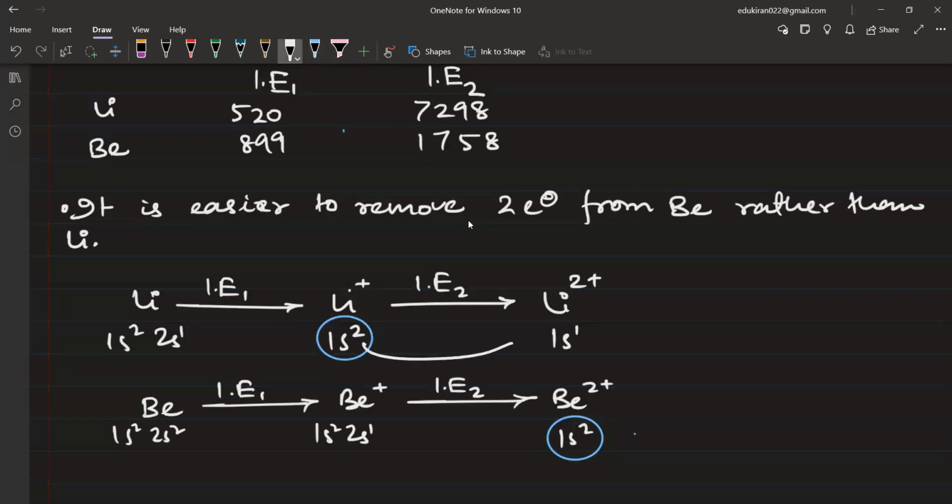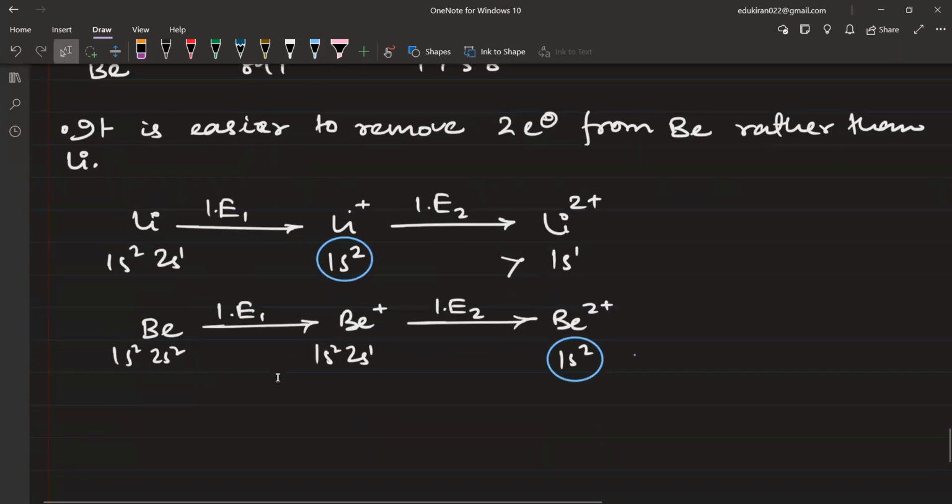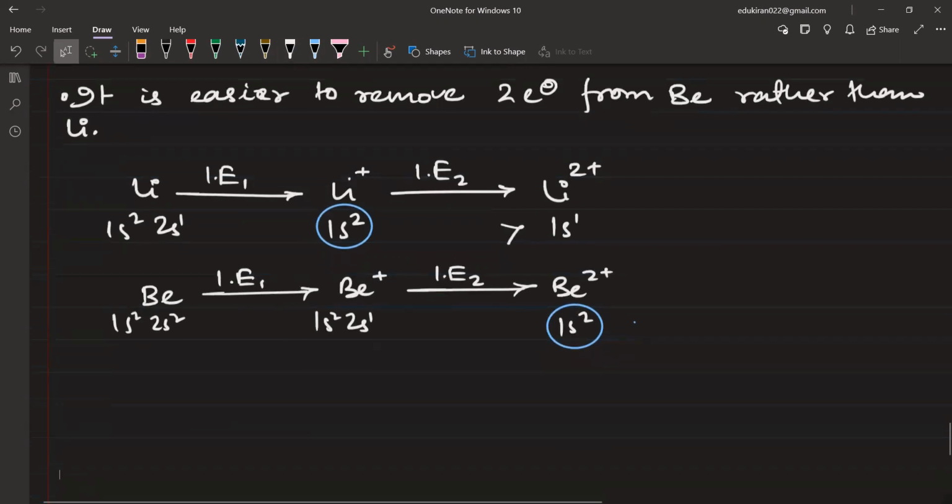And going from noble gas configuration to partially filled is going to be difficult rather than from partially filled to noble gas. So I hope all of you can see that IE2 of lithium is going to be higher because we are removing an electron from a very stable noble gas configuration. Can all of you see that? Yes or no? Okay.